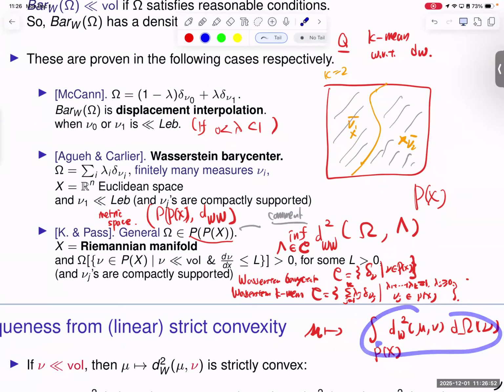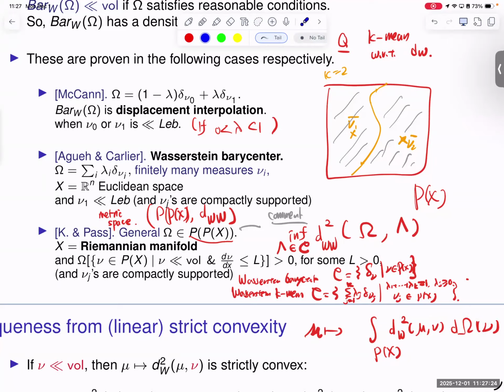This is just an integral of these functions. So if this function from mu to the Wasserstein distance square is strictly convex, then this integral, which is a sum of these strictly convex functions, can be strictly convex with some condition on omega. That's what we are going to do.